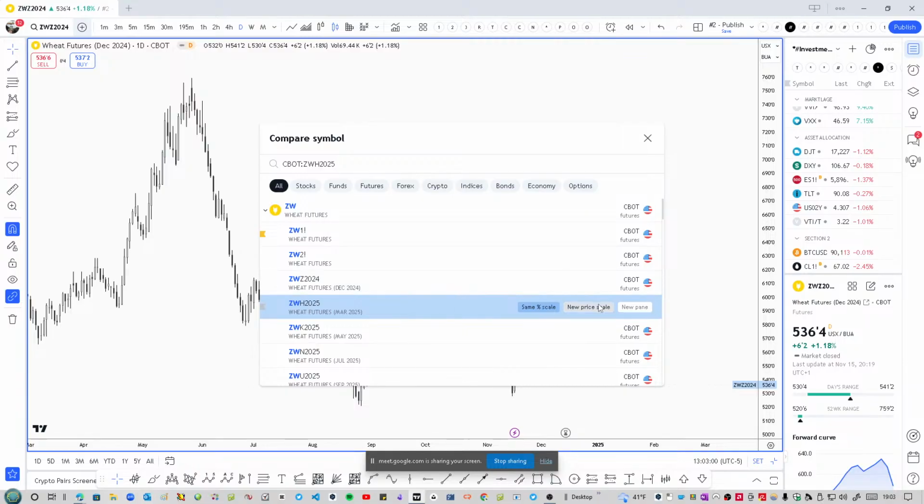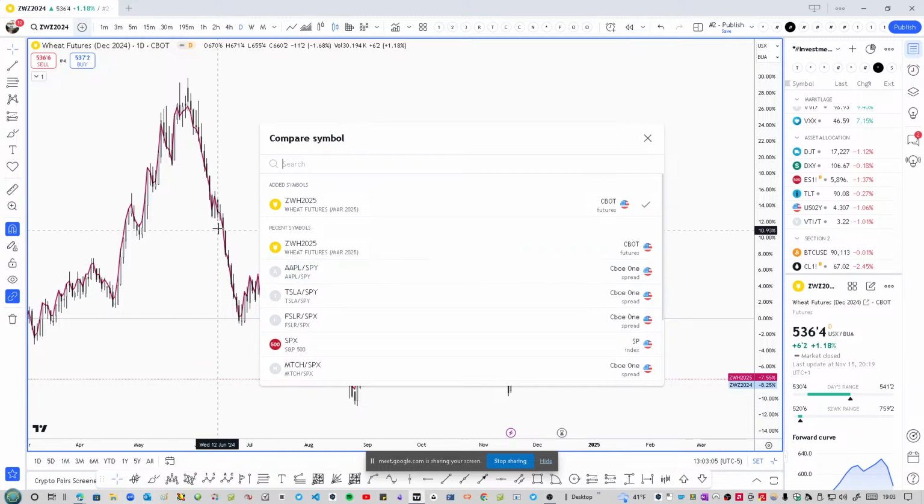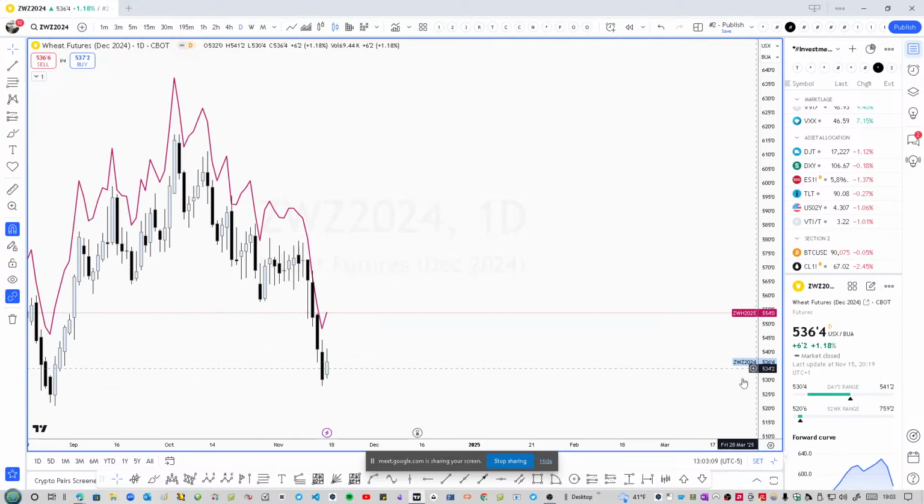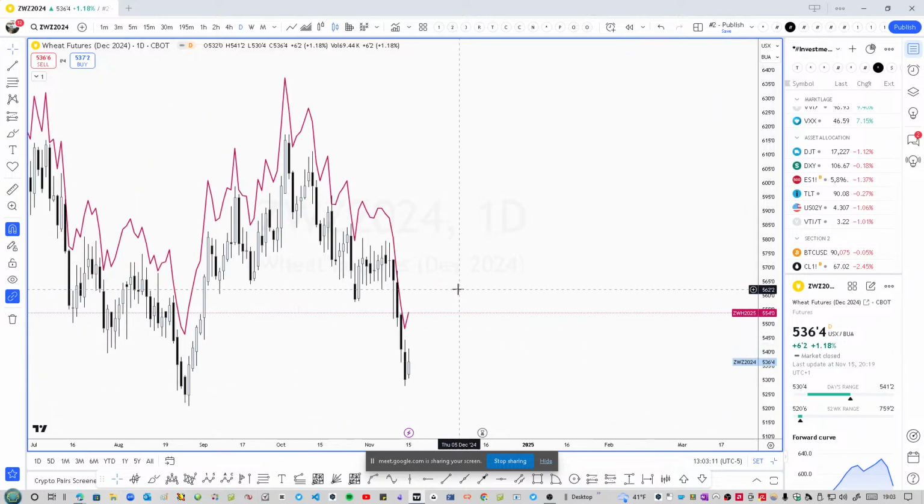So let's put it on the same scale. Here you see now that the magenta or red line is the future contract for wheat for March 2025. It is at 554. The December contract is at 536.